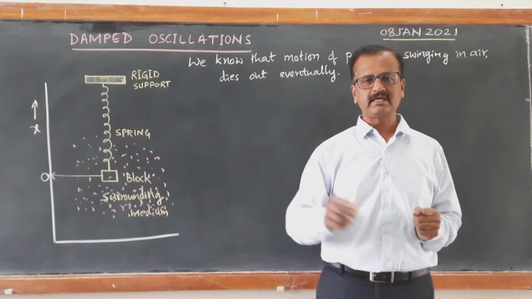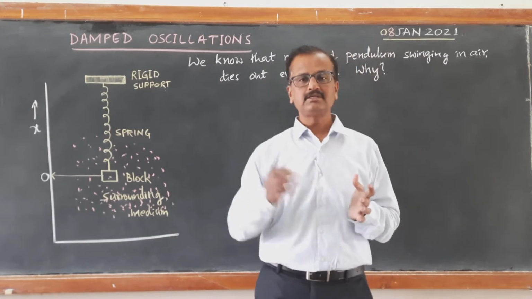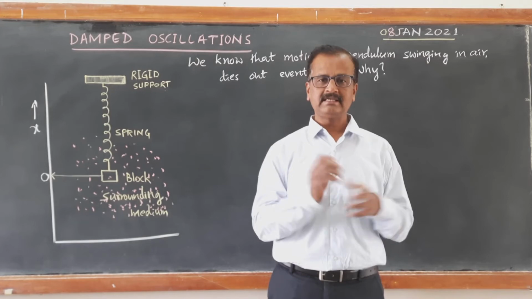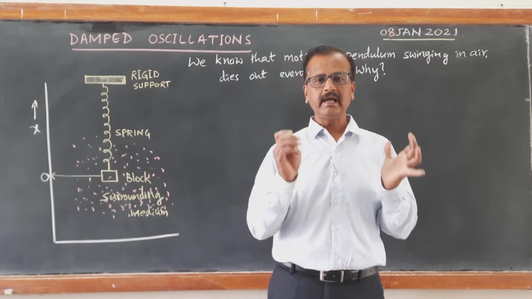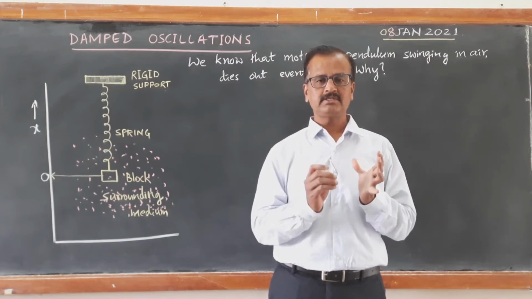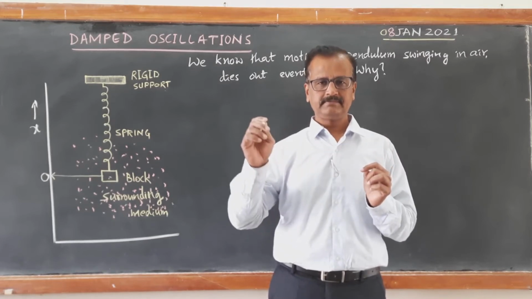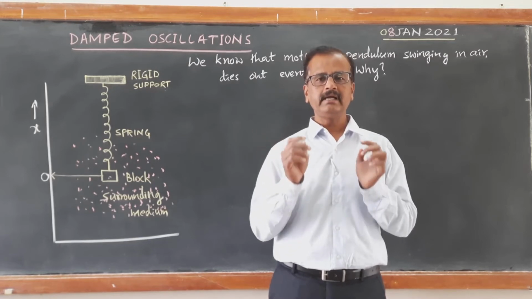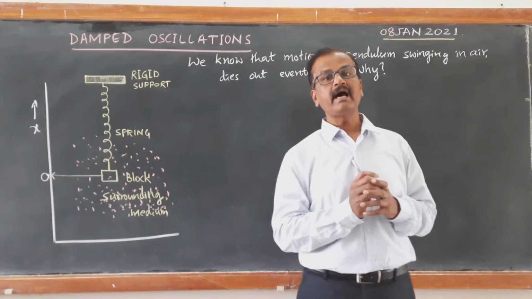Whenever the pendulum is oscillating, there is viscous drag of the air which opposes the speed of oscillations of the pendulum bob. As a result, the oscillations of the pendulum die out eventually. Such oscillations, whose amplitude goes on decreasing and eventually die out, are called damped oscillations.